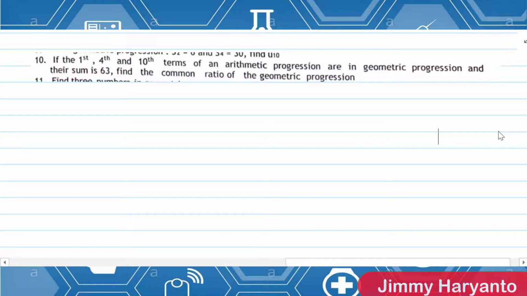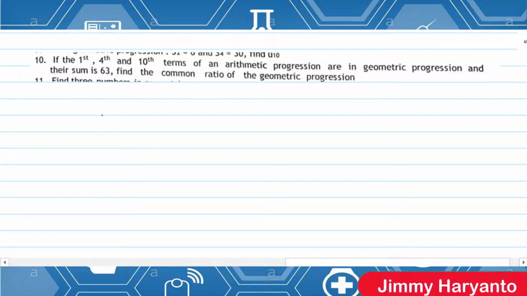And the next is number 10. The first, the fourth, and the 10th term of an arithmetic progression are in geometric progression. So let's try to find the formula for the first, the fourth, and the 10th term of the arithmetic progression.